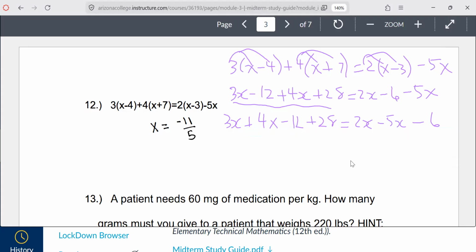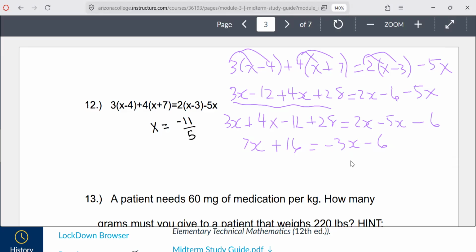So I bring them together. So I'm fixing the left and the right separately. So 3x plus 4x is 7x. Negative 12 plus 28 is positive 16 equals 2x minus 5x is negative 3x minus 6.